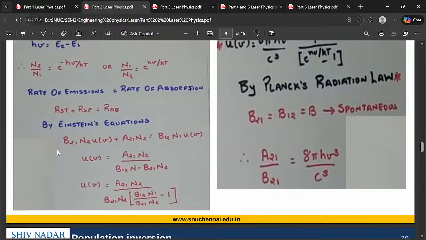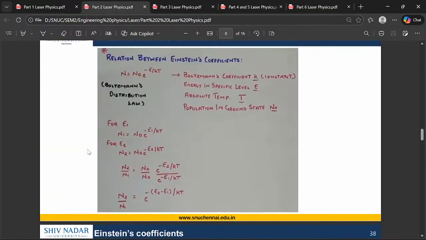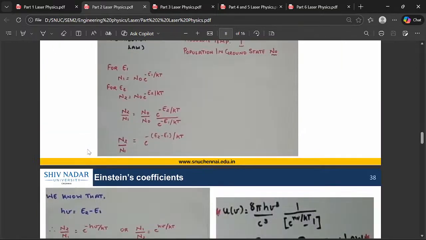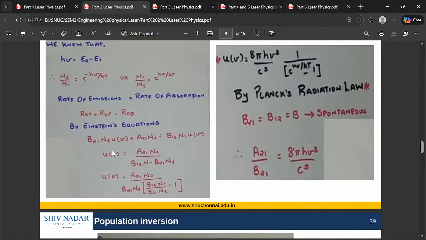With the Einstein equation we derived above, B21 N2 u mu is the rate of stimulated emission, plus A21 N2 is equal to B12 N1 u mu, and B12 N1 u mu is basically the rate of absorption. With that we can get the energy density formula by substituting.